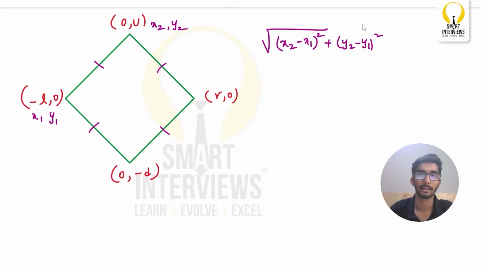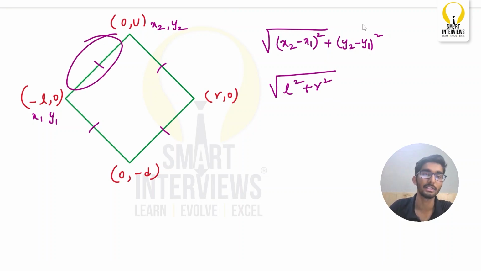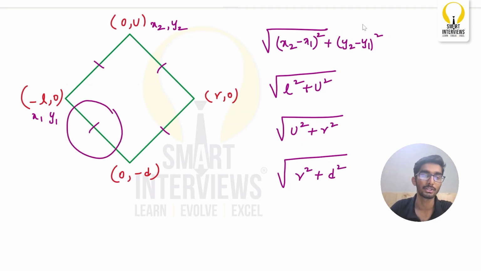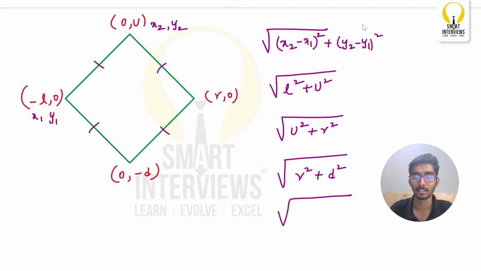So here, if we apply that, the distance for this side of the square will be root over l square plus u square. For the second side, the distance is root over u square plus r square. For the third side, it is root over r square plus d square. For the fourth side, it is root over d square plus l square.